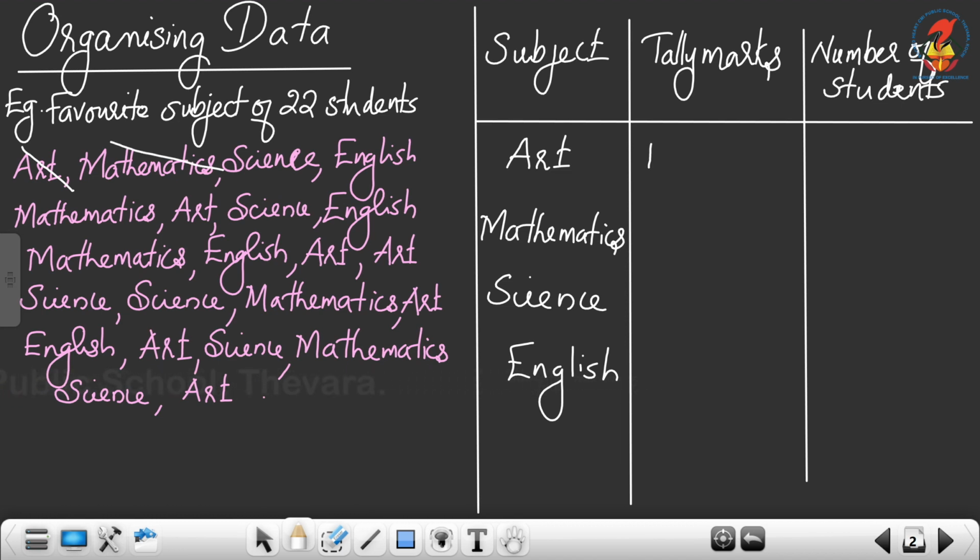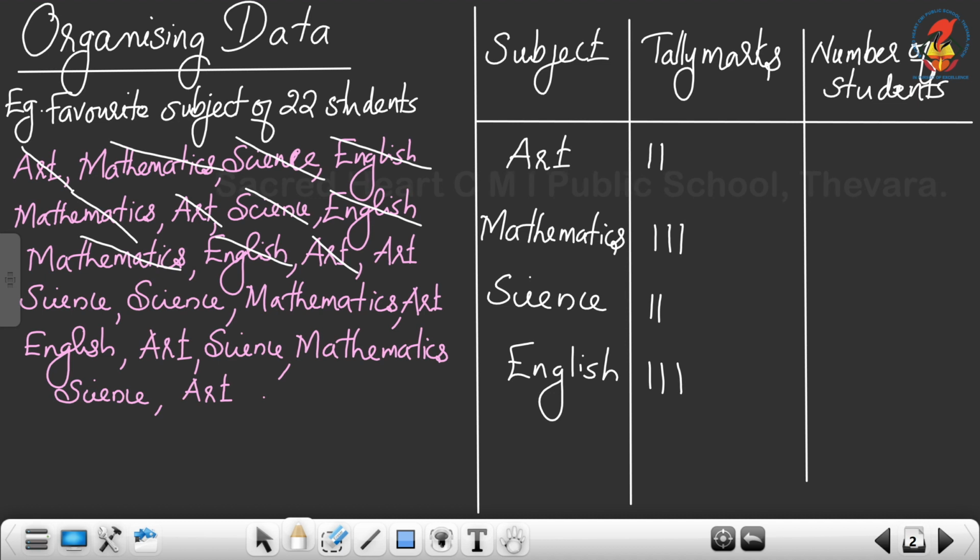Then next mathematics, science, English, then again mathematics, art, science, English, mathematics, English, art, again art, then science, again science, mathematics, art.